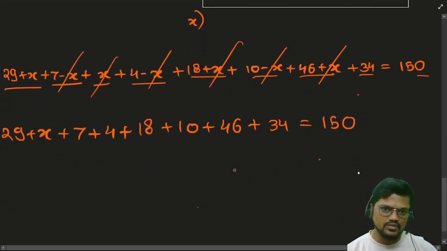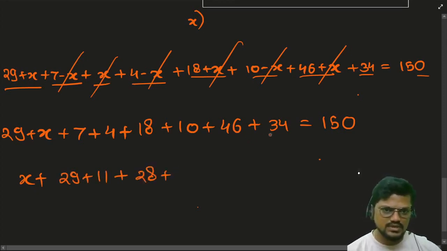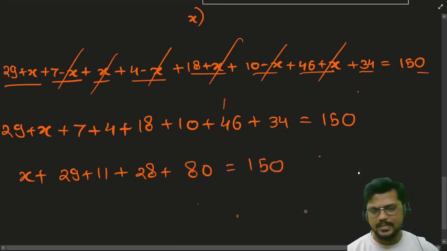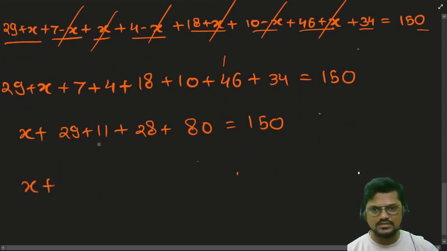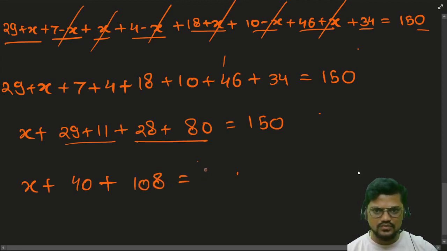Fine. Now add all of them. X plus 29, 7 plus 4 is 11, 29 plus 11 is 40. Then 18 plus 10 is 28, plus 46 plus 34, that is 80. 28 plus 80 is 108, which should give you 150.